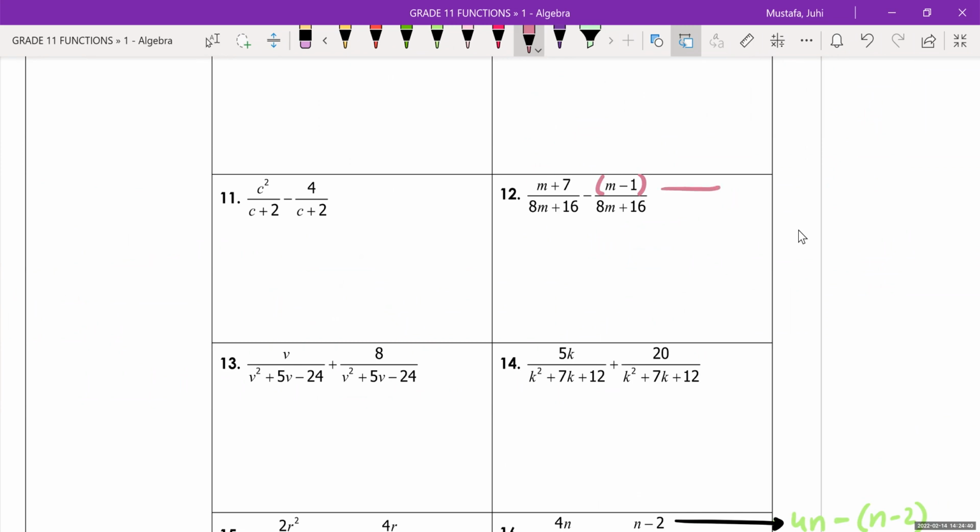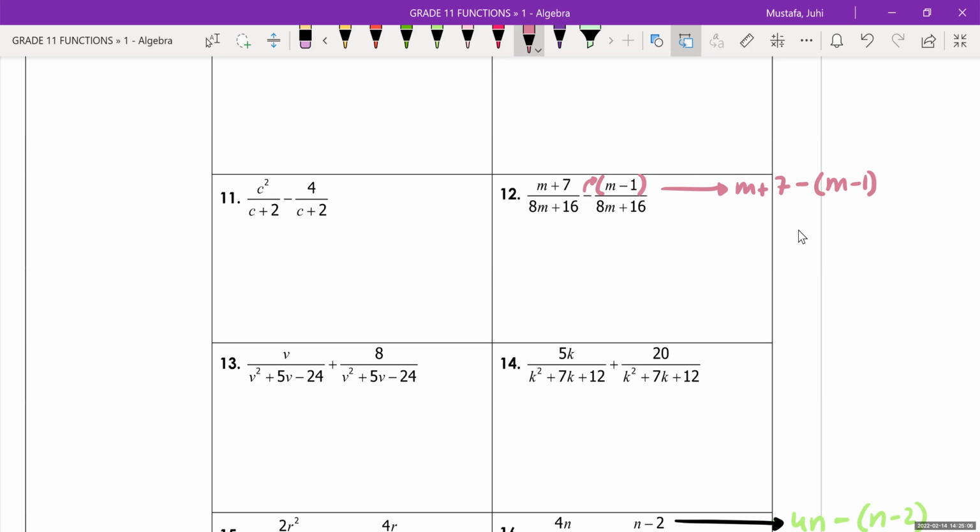Because really what happens in that numerator is you're going to have m plus 7, and then you're going to have minus all of m minus 1. And if you forget to do this, then you're not going to get your signs right and things are not going to cancel out. So just remember that that minus sign is going to be distributed to everything that comes after it. So if it is a binomial, it has to be kept in brackets.